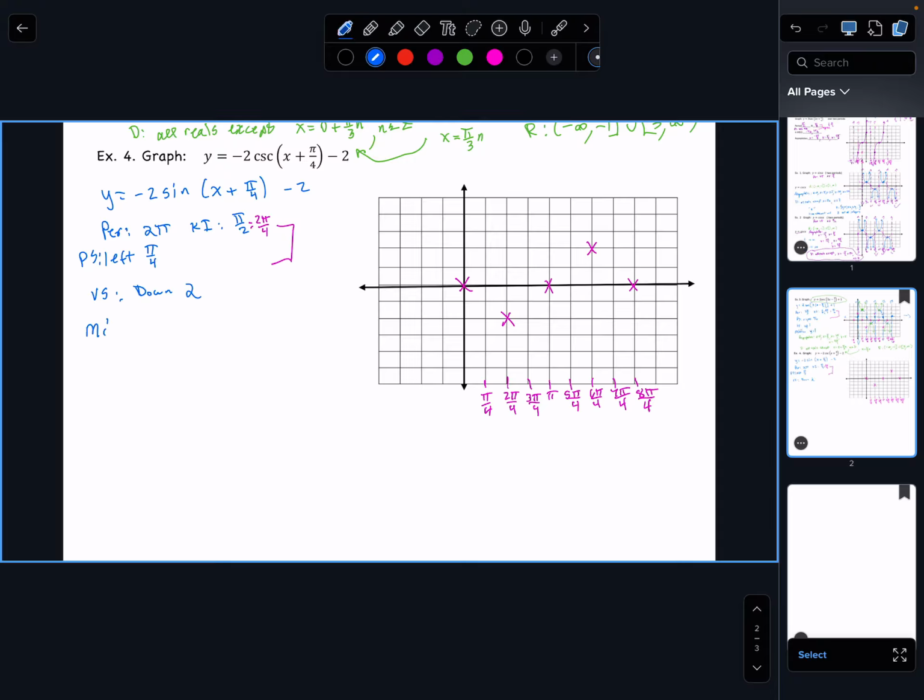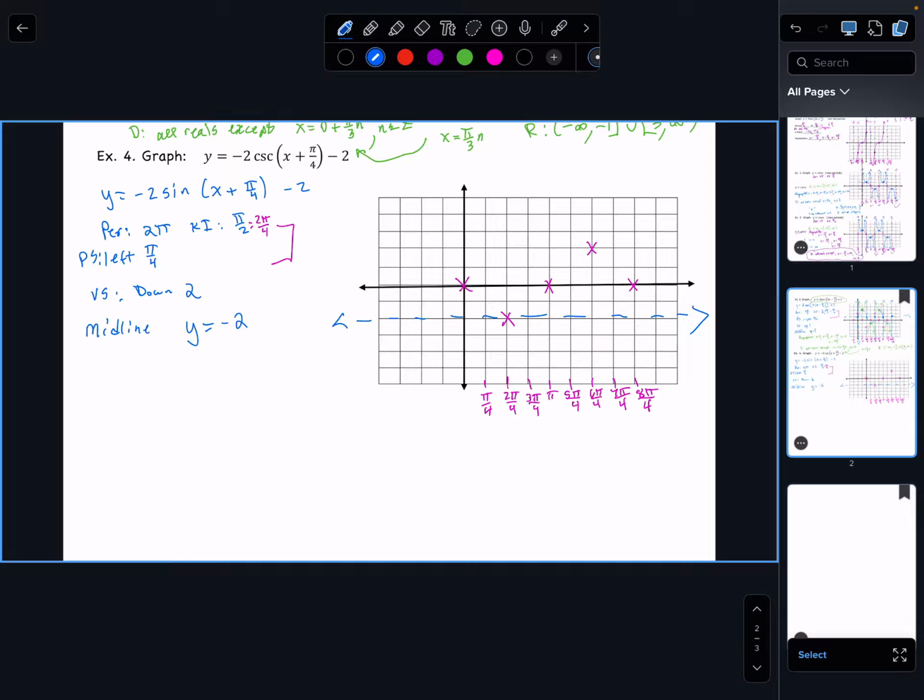And you have a midline at y equals -2 because it's dropping down 2. So it's kind of helpful to have that in just visually, because it's where the sine hits that midline where you're going to have asymptotes.